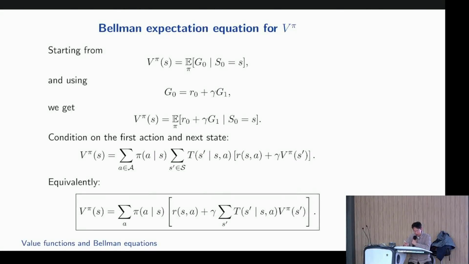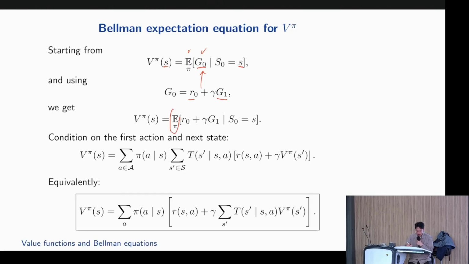Just stating the same thing: V pi of S is by definition the expectation of the return starting at state S, and this return is the immediate reward plus discount times the one-step future return. Plug that in here. So that's the expectation of the immediate reward plus discounted one-step future return, conditional on state S.